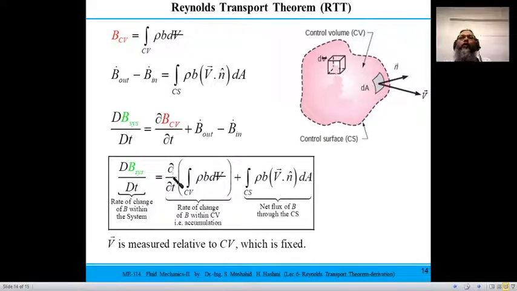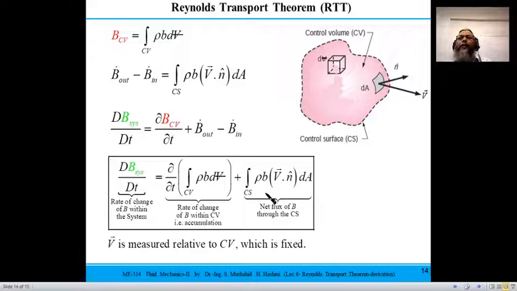Here we call it an accumulation of that extensive quantity taking place in this region of interest. And the whole entity would depend on the extensive quantity present in this region plus the net flux of that quantity. So the net flux of B always takes place because what is coming in and out is always taking place from the surface. That's why you have a surface integral and you have a control surface here.